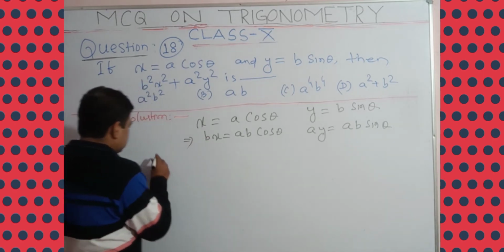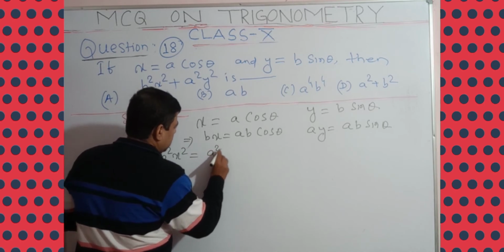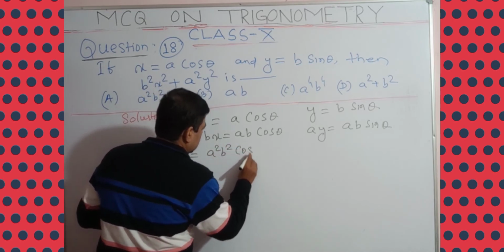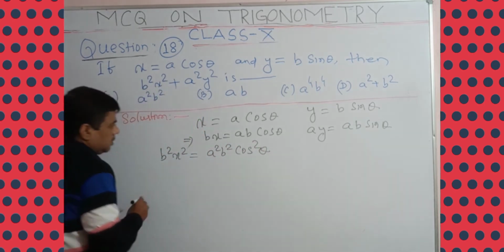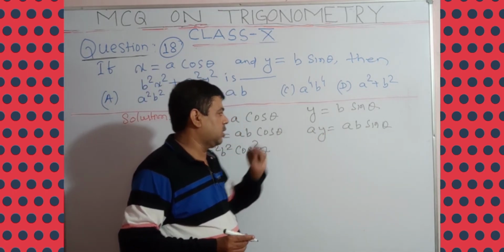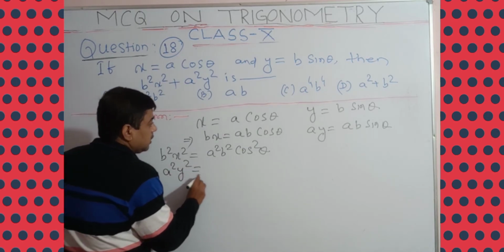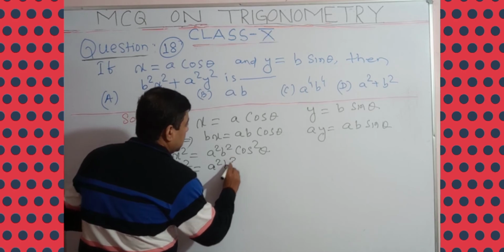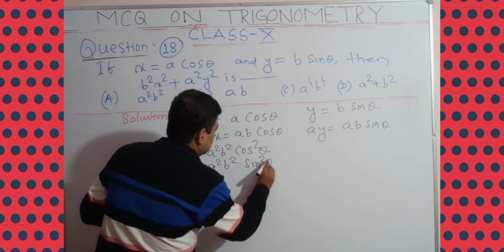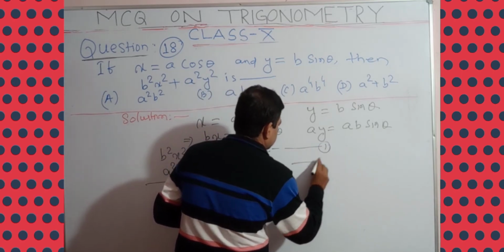Now b square x square is equal to a square b square cos square theta. Similarly, squaring ay is equal to ab sin theta on both sides, we get a square y square is equal to a square b square sin square theta. Let us add. Suppose this is equation 1 and this is equation number 2.